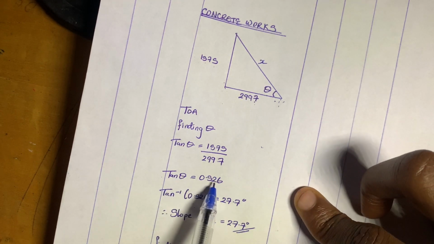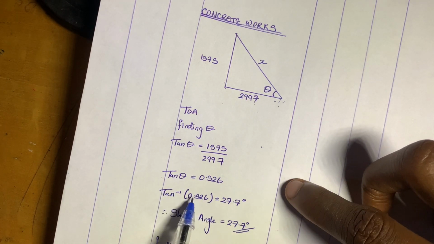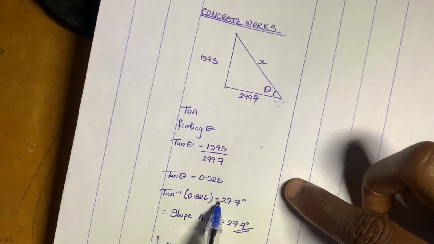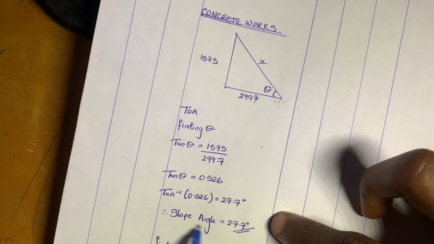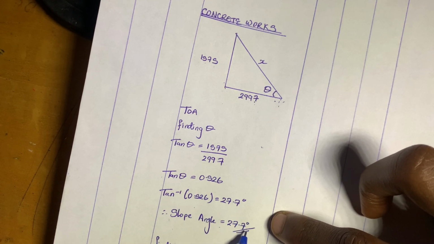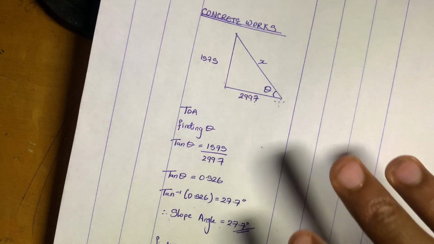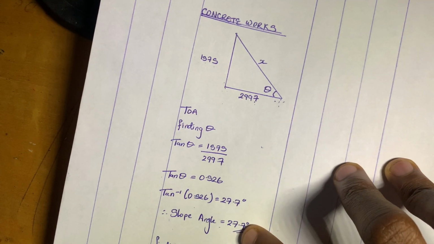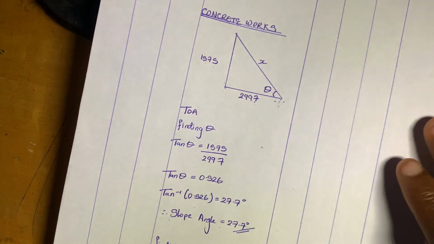So tan theta is equal to 0.526. If you find the tan inverse of 0.526, it will give you 27.7 degrees. Therefore our slope angle is equal to 27.7 degrees, meaning that the slope or the angle they used to construct that particular staircase is this 27.7 degrees, and it was not given in our drawing.